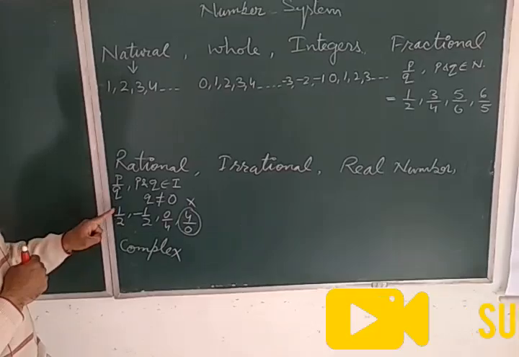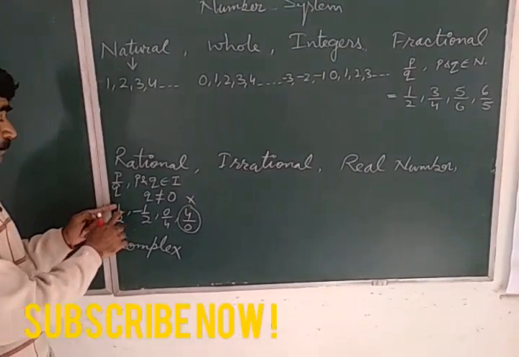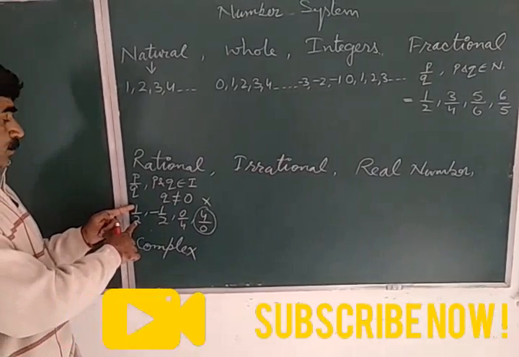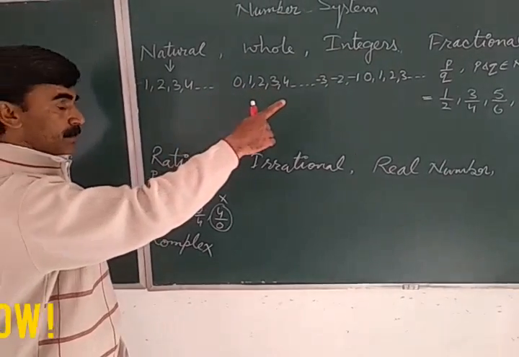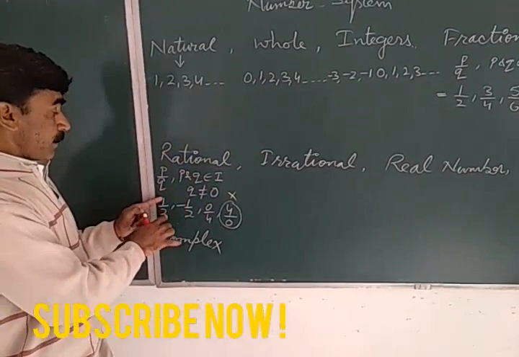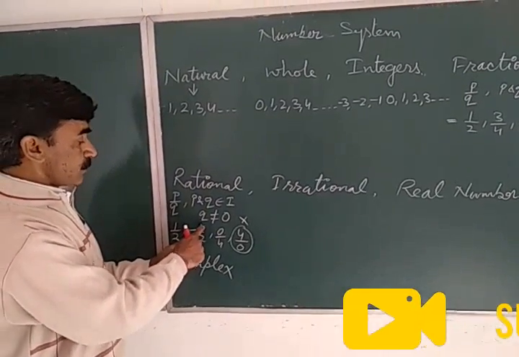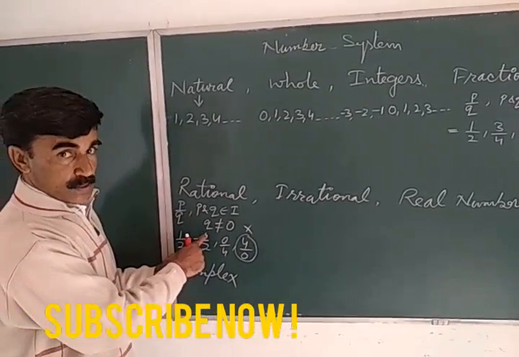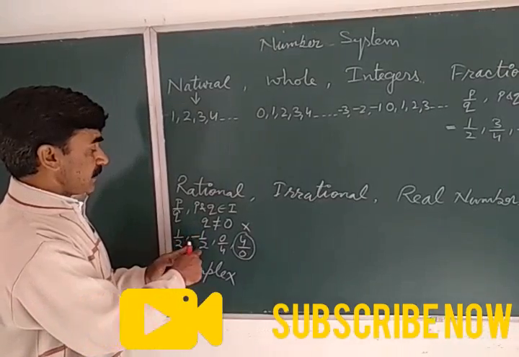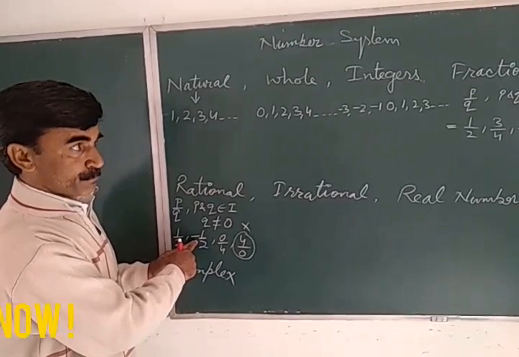Here you have written 1 upon 2. Both numerator and denominator are positive numbers. So you can say that this 1 upon 2 is a fractional number as well as a rational number. Whereas -1 upon 2, because here one number is -1, this number is only a rational number and is not a fractional number.